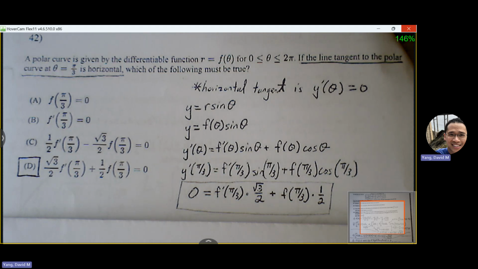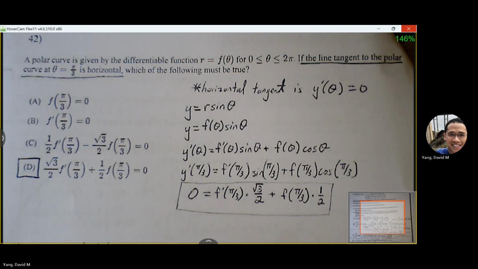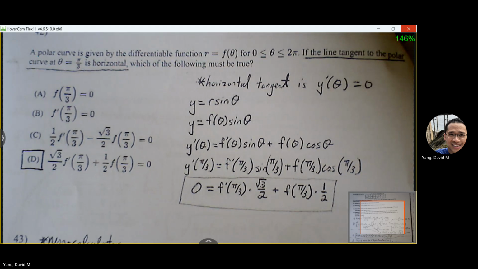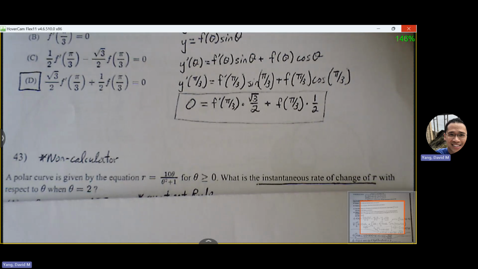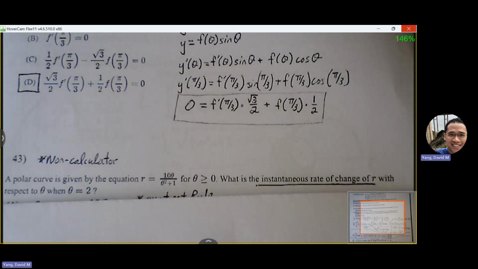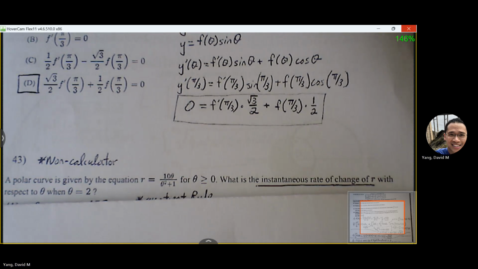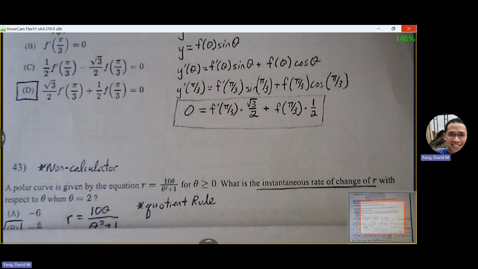We're finishing up packet 2 from yesterday. Okay, 43. This is meant to be non-calculator here. A polar curve is given by r is equal to 10 theta over theta squared plus 1. What is the instantaneous rate of change of r with respect to theta when theta equals 2?